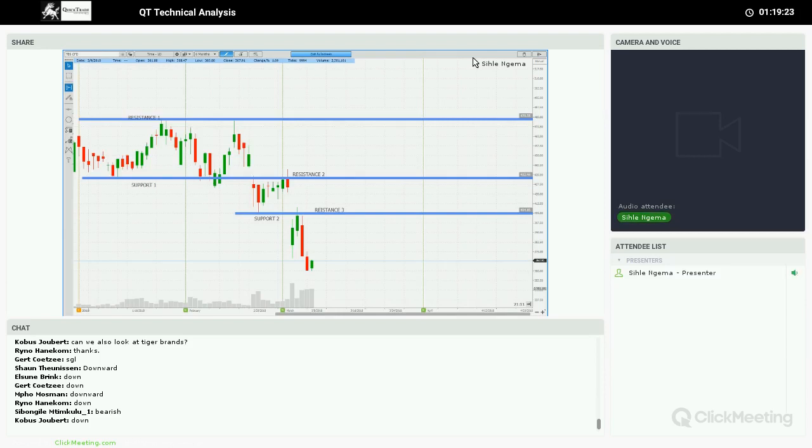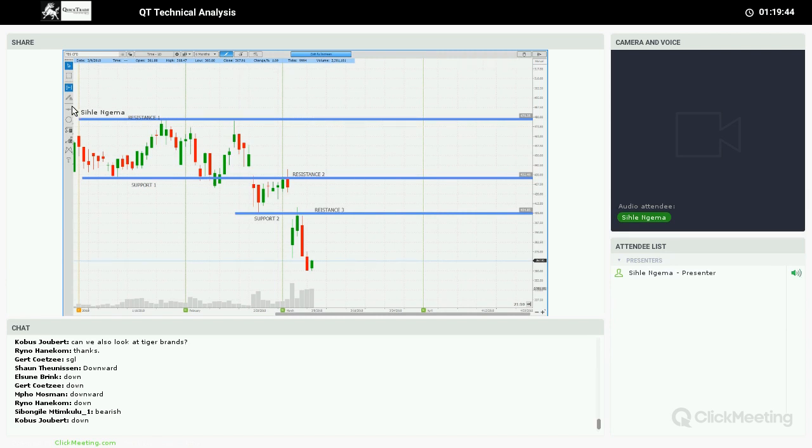When it got to resistance 2, there was bad news that came in and it changed direction. It came down even below support 2, then went back up to support 2, which is a newly established resistance 3, and now the share came down.